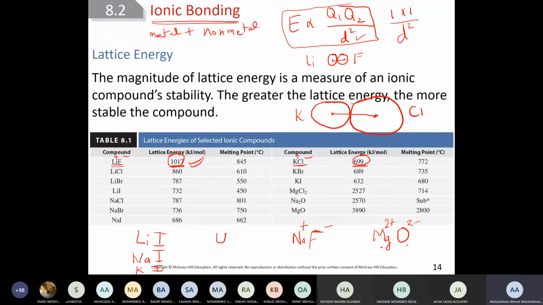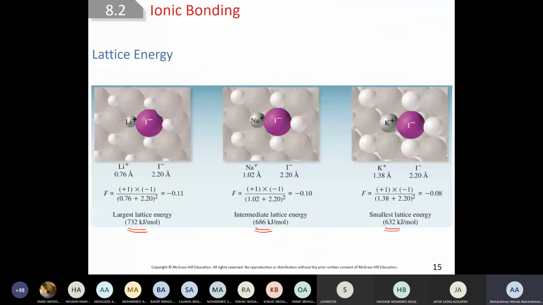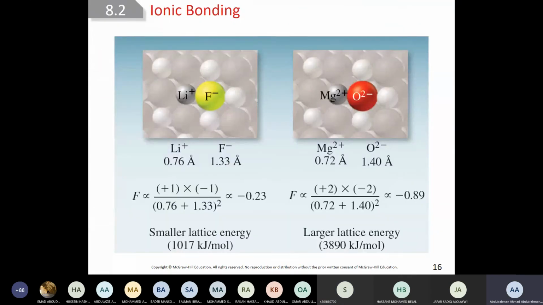Let's assume that the energy U for NaF is X. Then what do you expect the energy for MgO? Exactly. Is this clear?